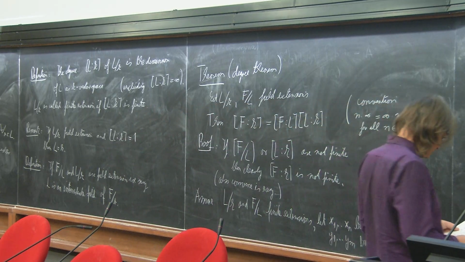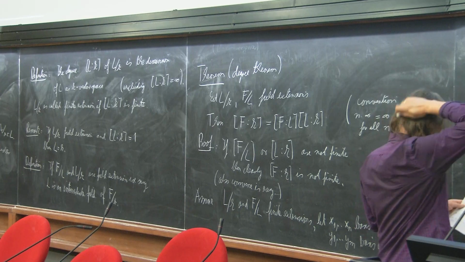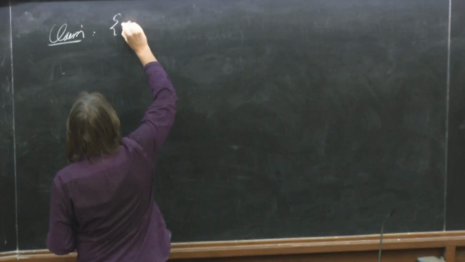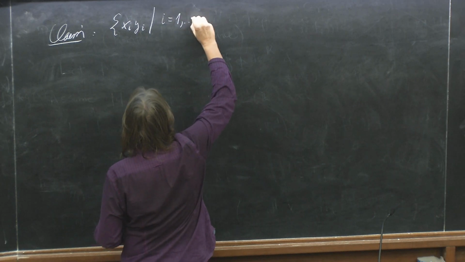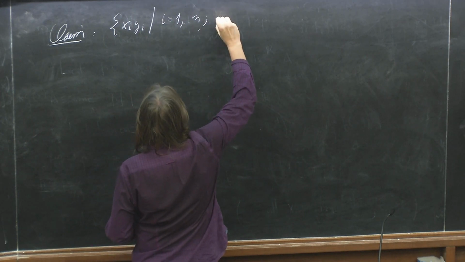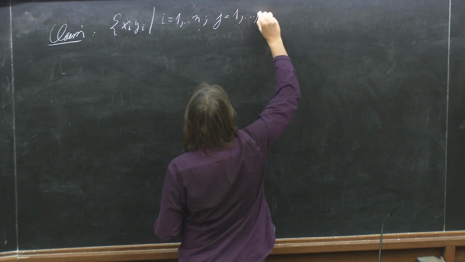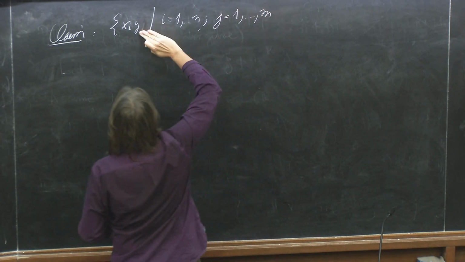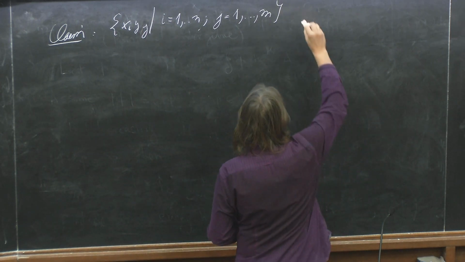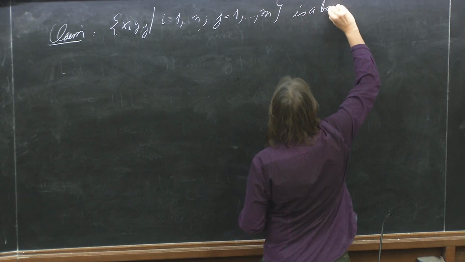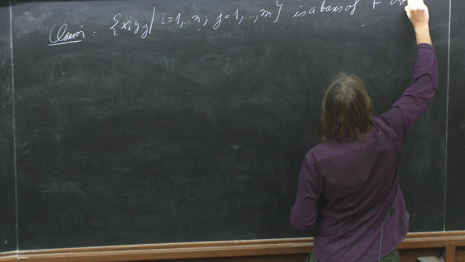So the claim is: if I take the set of all xi yj for i from 1 to n and j from 1 to m, these form a basis of F over K as a K vector space.